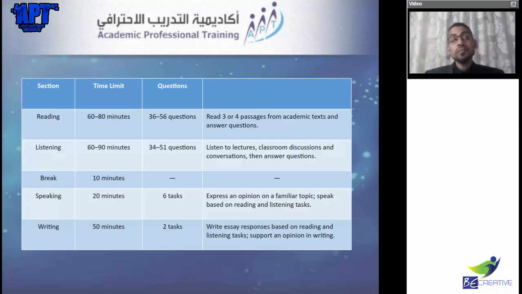The last skill is writing. Writing takes 15 minutes, with 2 tasks. One of them is an essay, one of them is a task. Talking about the essay, you respond based on a reading. You read something, and you listen to something, and you respond to it.